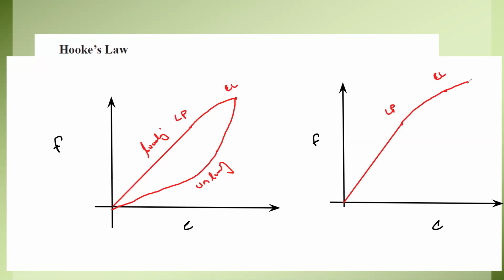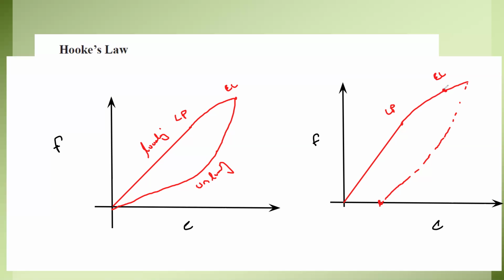In that case, when we unload, this will be the unloading graph. It will not return to the same original length. It will still have some extension when there is no force applied on the spring, because it is deformed permanently.